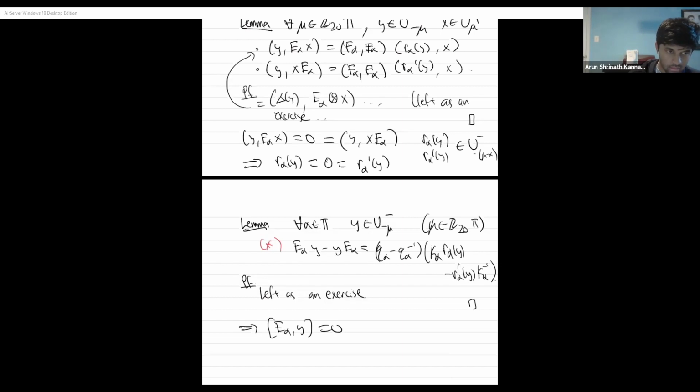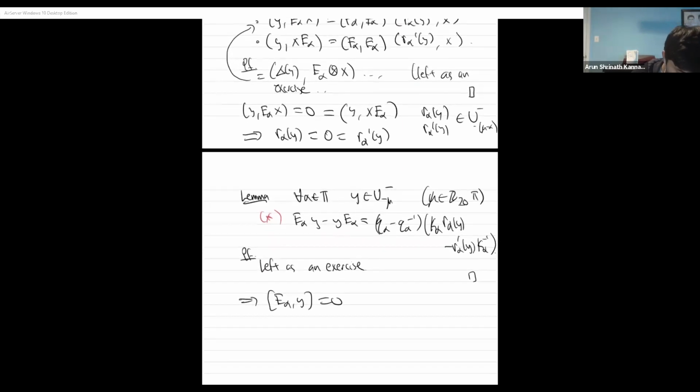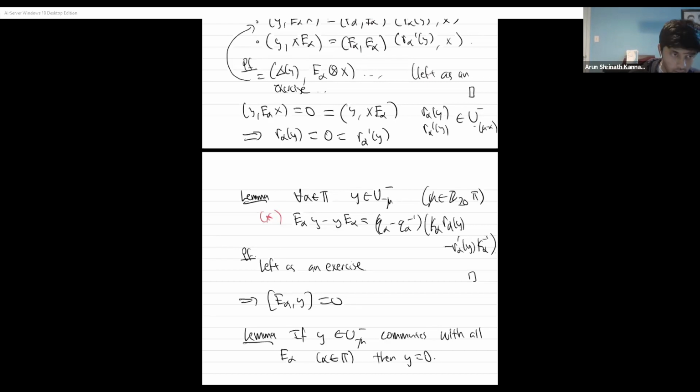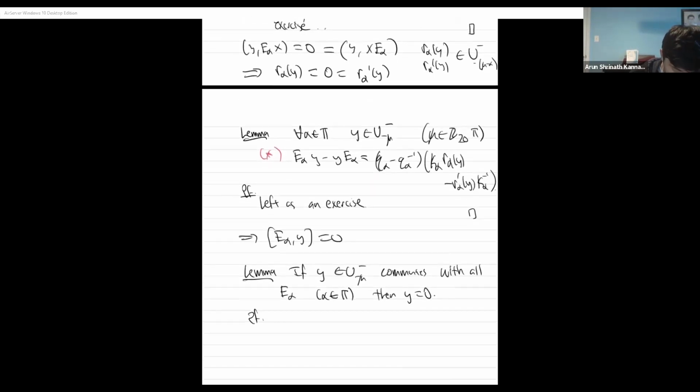And then from here, we're almost done. So we have our last lemma, which is: if y, an element of U minus mu minus, commutes with all e alpha, then y equals 0. And our proof is as follows.